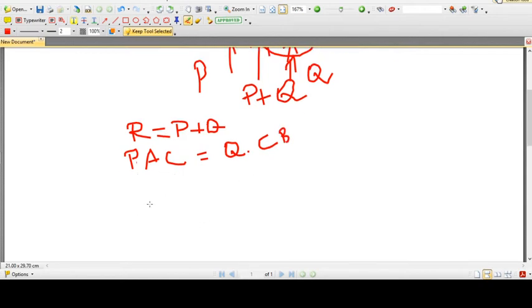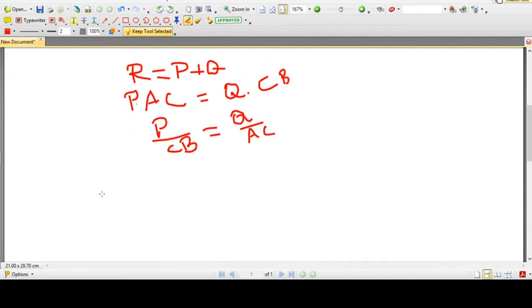This implies that from this equation we get P by CB equal to Q by AC.